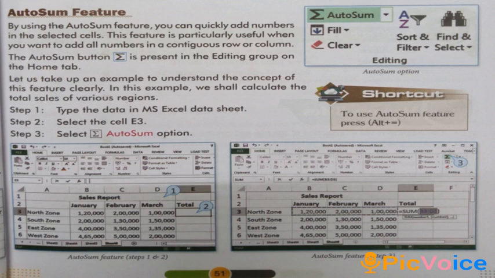In this example, we shall calculate the total sales of various regions. Step 1. Type the data in MS Excel datasheet. Step 2. Select the cell E3. Step 3. Select auto sum option.